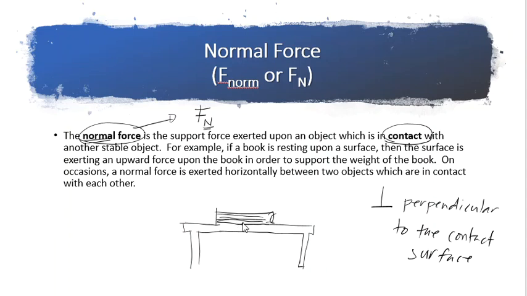So it should be perpendicular. So I'm going to draw the normal force. The normal force is an upward force upon the book. So I'm going to put a dot in here between the table and the book. I'm going to put it in the center because it exists right in the center of the object. I'm going to label it F sub n. So I have a normal force. So that is how you draw a normal force.